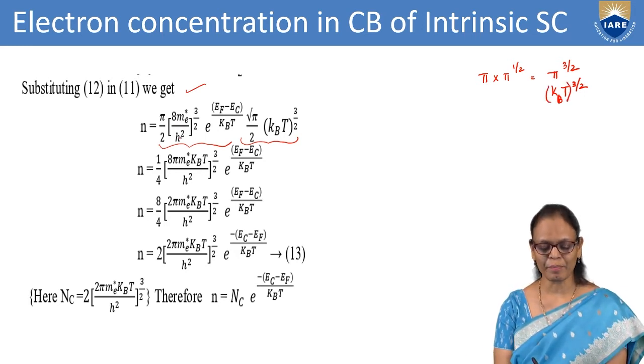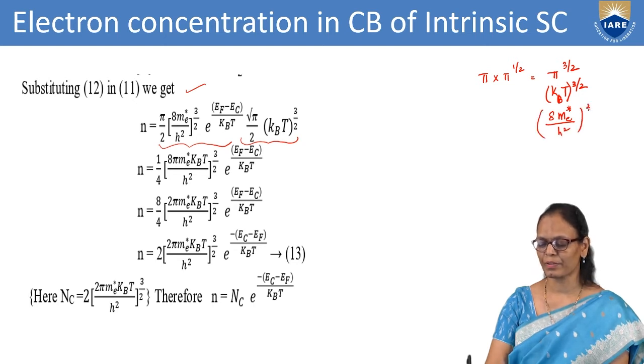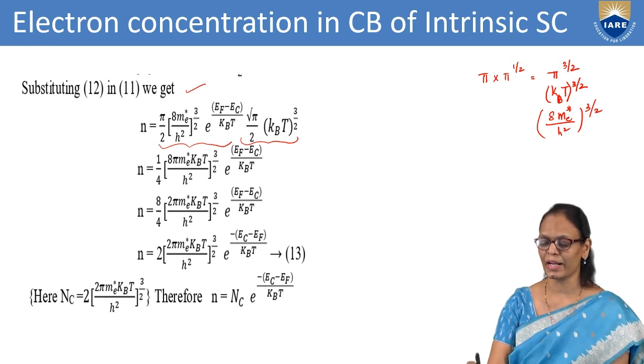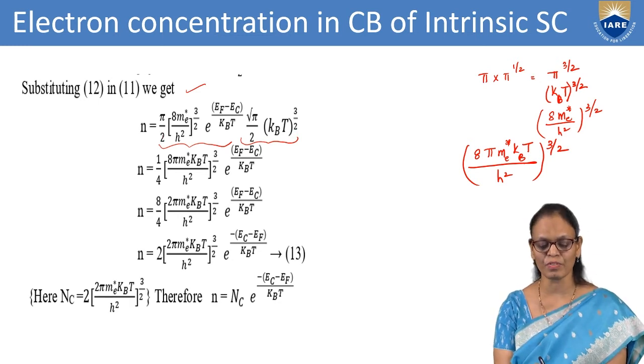Here we have 8 me by h square power 3 by 2, where me is the effective mass. All these terms which have power 3 by 2, we can combine them and write it as 8 pi me star kBT by h square power 3 by 2. I hope you are able to understand how we are combining.